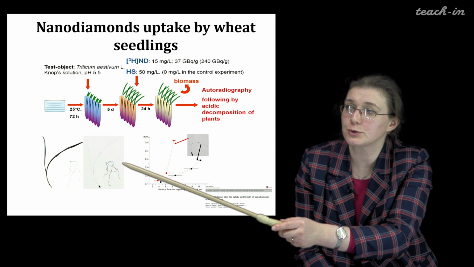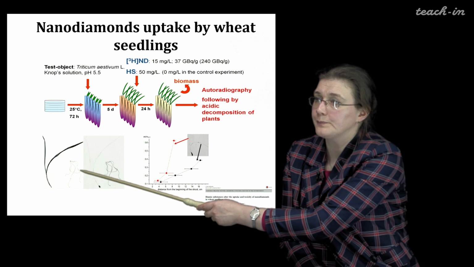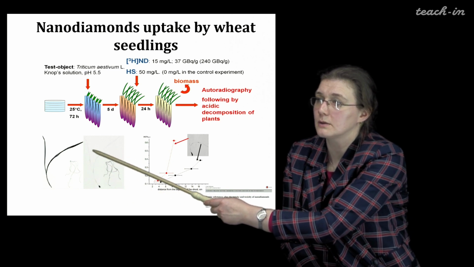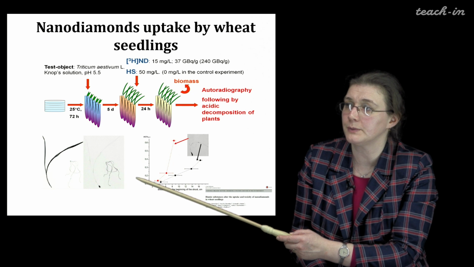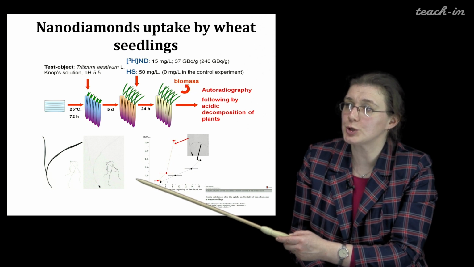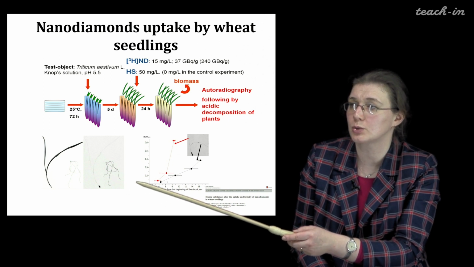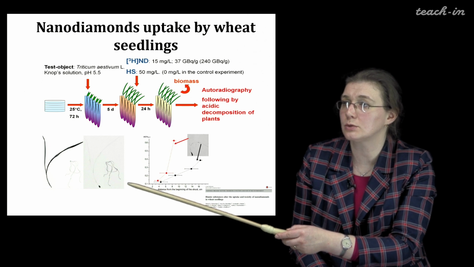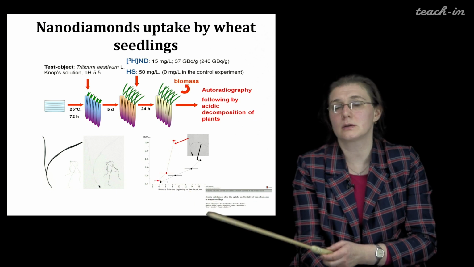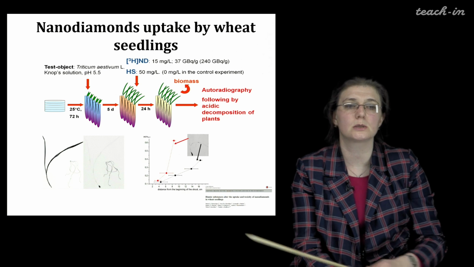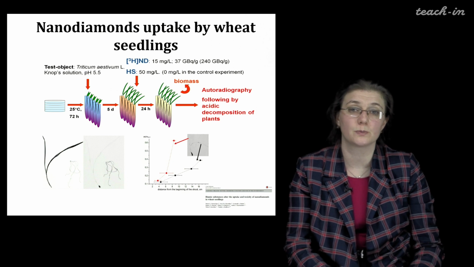We provided autoradiography, and here is a photo of the upper part and roots, and here is the autoradiography image from which we can see that nanodiamond can be absorbed on the roots, and some amount of it goes to the apical part, and then the plant was dissolved in nitric acid, and the radioactivity of the solution was measured.